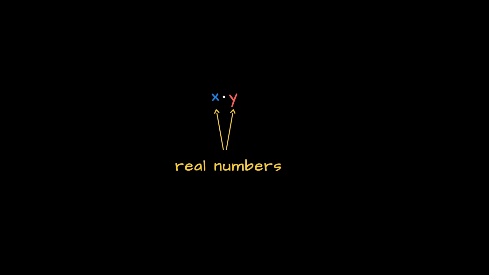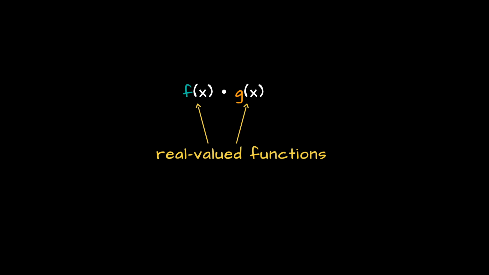Let's move on to another operation. Just as two arbitrary real numbers x and y can be multiplied together, so too can two arbitrary real-valued functions. And the principle here is the same as that for addition. Since multiplication is a well-defined operation on real numbers, it extends naturally to an operation that is defined on real-valued functions.